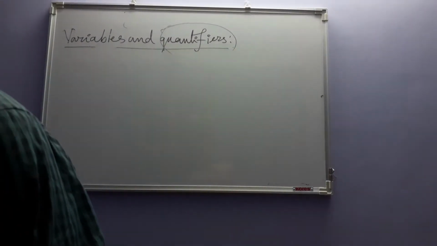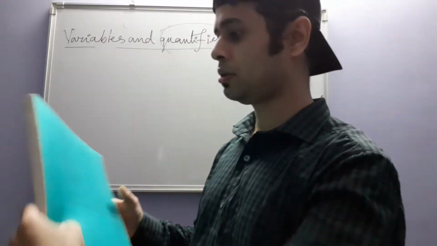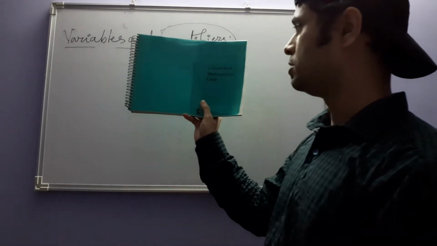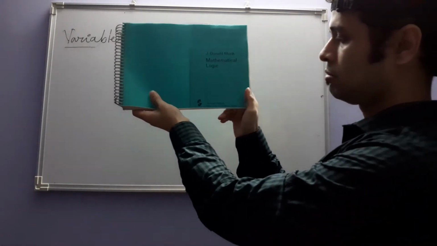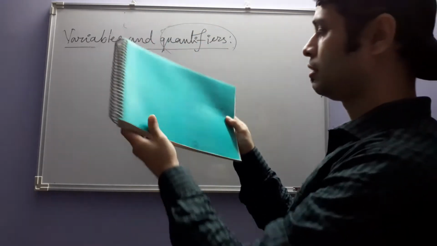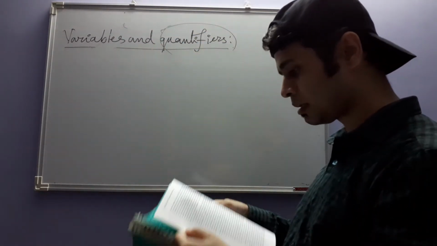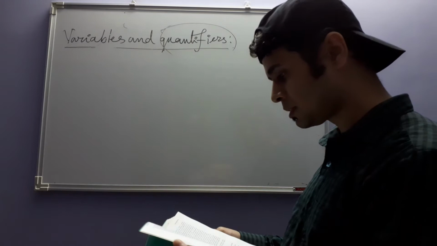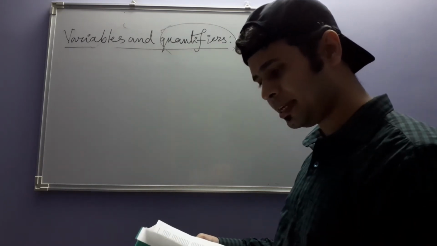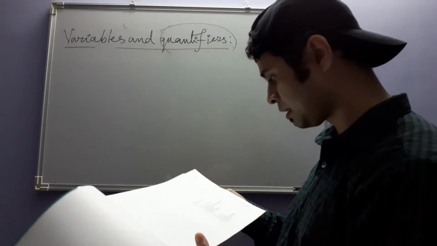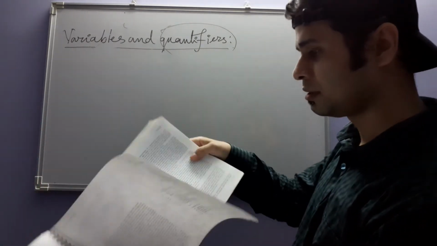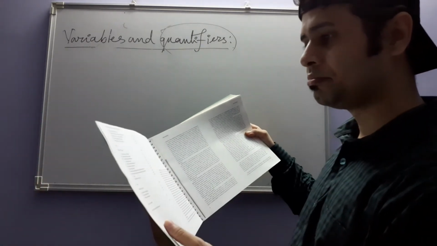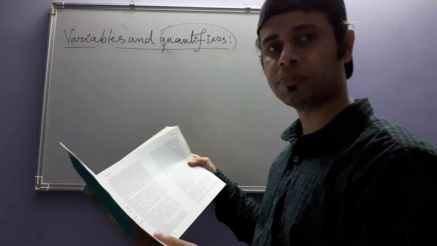This is one book by J. Donald Monk, called Mathematical Logic, by Springer Verlag. If you look at the contents, it has many things like recursive function theory, elements of logic, model theory, proof theory.